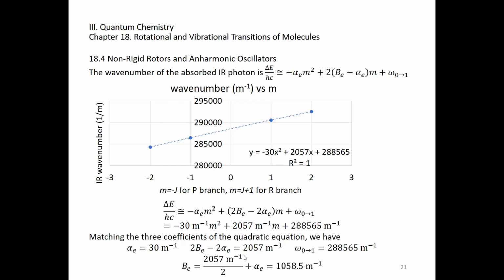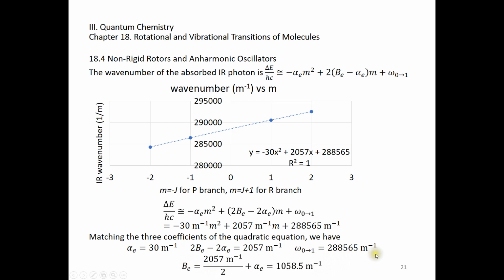For example, HCl, you have mass 1 AMU, mass 2, 35 AMU, and then mu is very close to 1 AMU. I think it's 1.62 times 10 to the power of negative 27 kilogram ish. And then once you have the reduced mass in the SI unit, you have the moment of inertia determined from the value of the rotational constant B sub E. You can determine the equilibrium bond distance for HCl, and that's experimentally how chemists determine the bond distance for diatomic molecules.